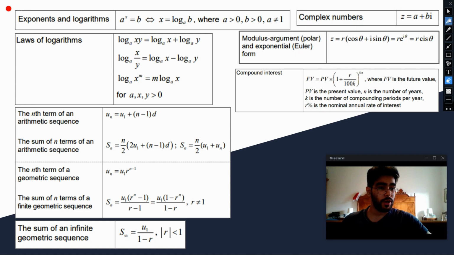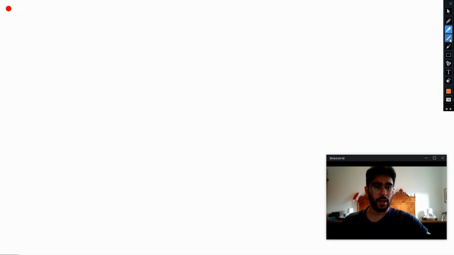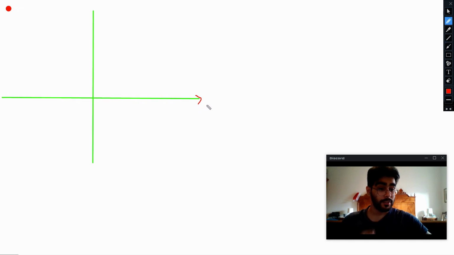But how do you find your argument and the angle? Well, to make it concise, this is how you find it. Let's say that you have an Argand diagram, which is like a coordinate geometry, except on your x-axis you have the real parts of the complex numbers, and on your y-axis you have the imaginary part of your complex number.